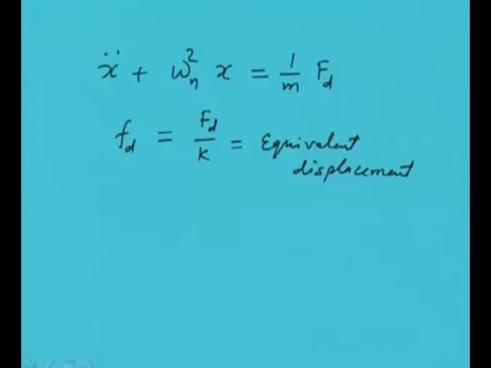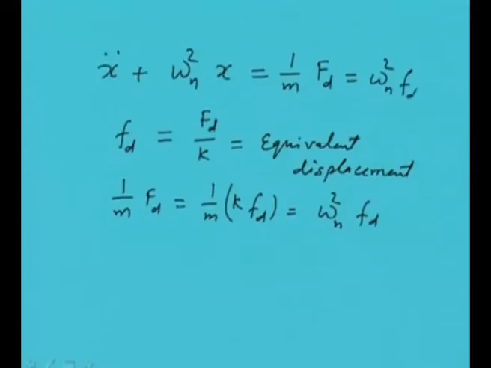So, this is an equivalent displacement related to the friction force. With this, if we substitute here, we can write it as k f_d, and k by m is the undamped natural frequency squared. So, we are writing this as omega squared and f_t.